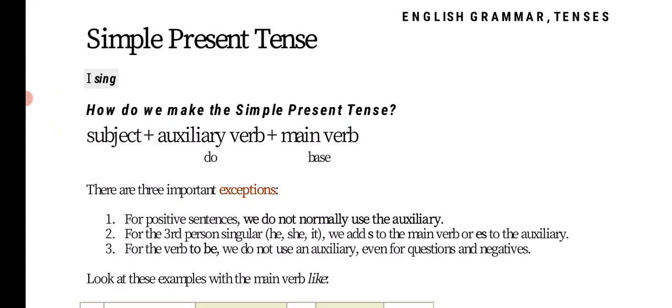We need to indicate whether the situation exists in the present, existed in the past, or is likely to exist in the future. And how do we indicate? We actually take the help of verbs.